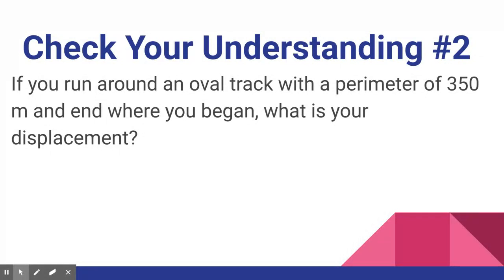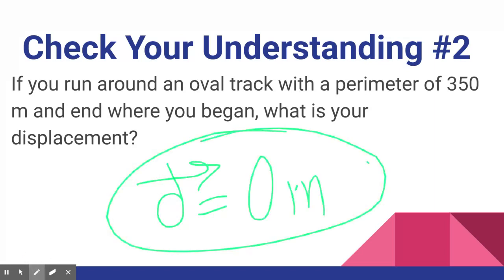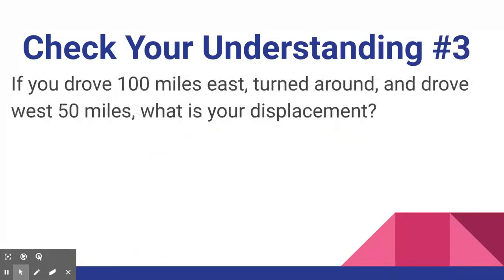What you should have gotten is that we ended where we began, so our displacement here is 0 meters. It doesn't matter if we ran around a circular track. We ended where we began, so our displacement is 0.